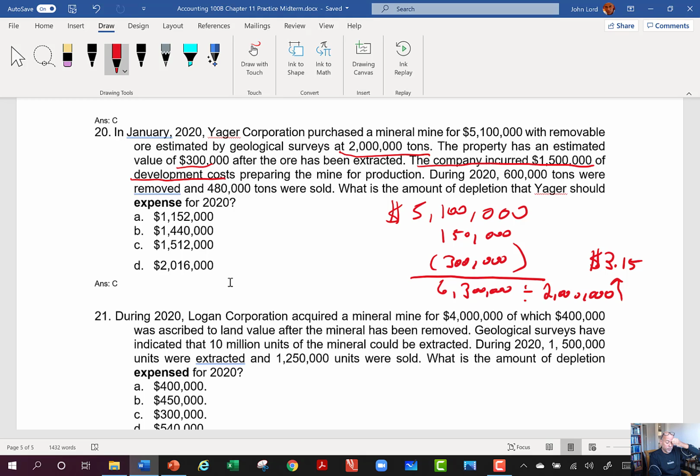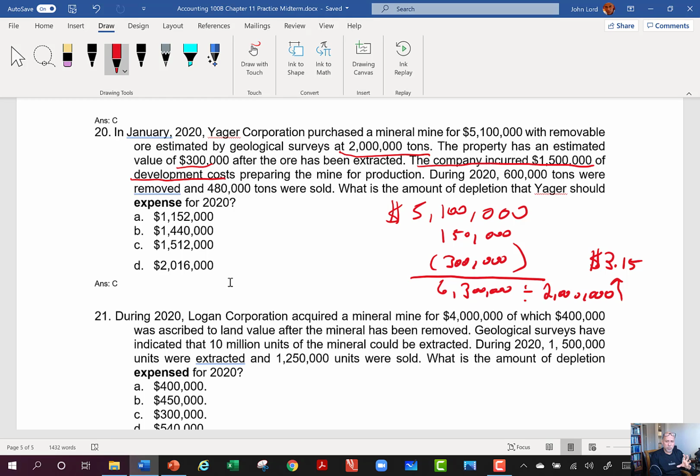I'm assuming they would have sold it for more than $3.15 per ton, say $5 per ton. If you sold 480,000 tons, $5 times 480,000 would give you your revenue, minus your cost of goods sold. And this number that we're about to compute would be rolled into cost of goods sold. So even though they're calling it an expense, the line item on the financial statement is cost of goods sold, to give me a gross profit.